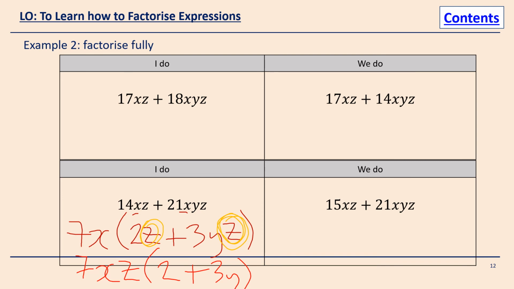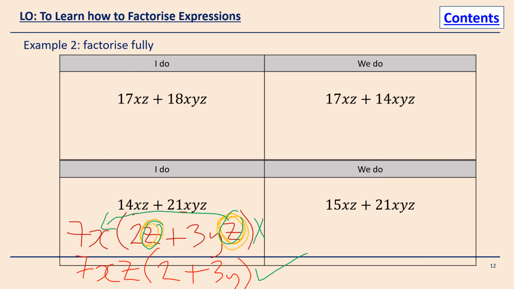So 7xz, 2 plus 3y. Now that makes sense. So this one here is correct, and this one here is wrong, because there is still a factor here that should be on the outside.